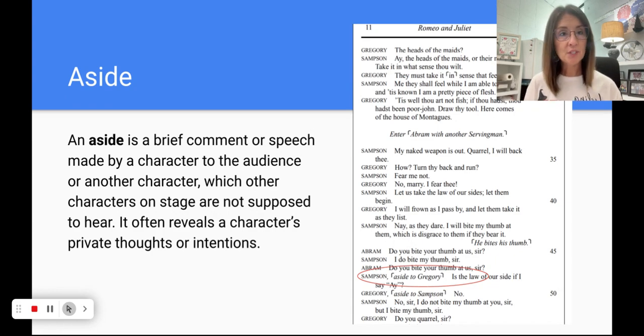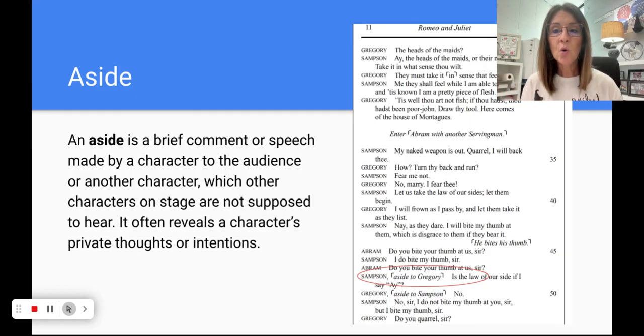But oftentimes we do, or a playwright will have a character break that 4th wall in what we call an aside. They turn, and you can kind of think of them turning to the side. You may have seen it in movies or TV shows where the action stops and the character just turns to the audience or turns to the camera, and it feels like he's talking right to us, that audience.